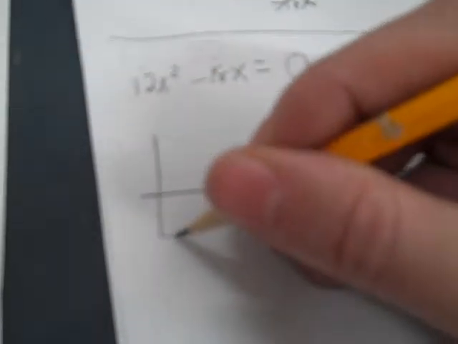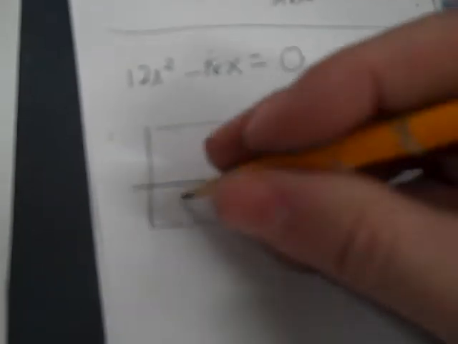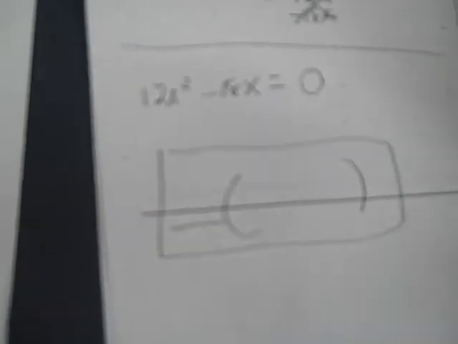GCF. Underline the big guys, okay? GCF, 3 things you look for in a GCF. Do you have a negative in front? No, 12 is the first number, it's not negative.